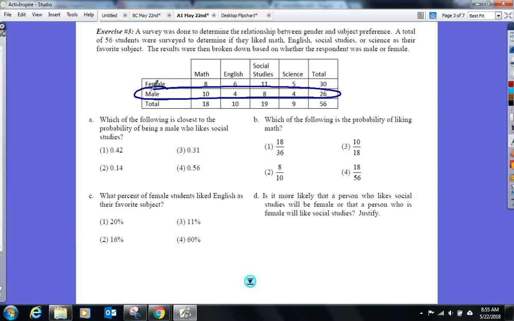How many males do I have? 26 males. How many like social studies? 8. And as a decimal, 8 out of 26.